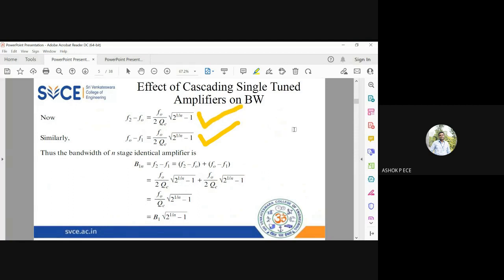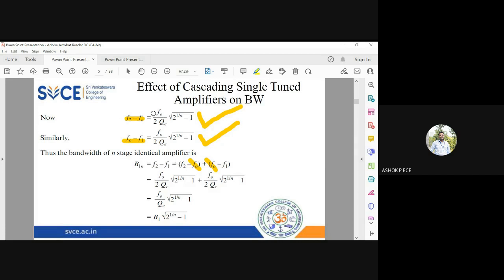So I have two equations in terms of f2, f1 and f0, and bandwidth is going to be f2 minus f1. But I have f2 minus f0 and f0 minus f1. So I'm adding and subtracting f0 here so that I get this form. So f2 minus f0 plus f0 minus f1, if you simplify, the f0 and f0 will get cancelled. You will get back f2 minus f1.